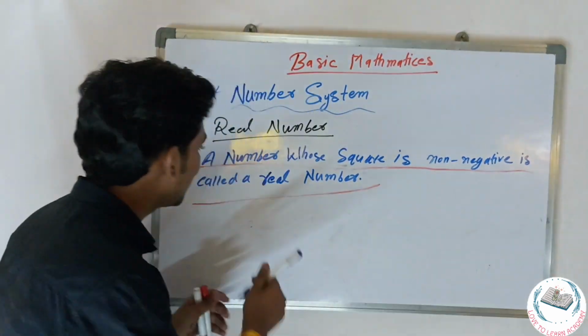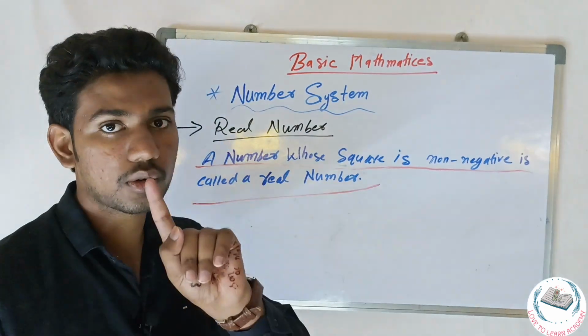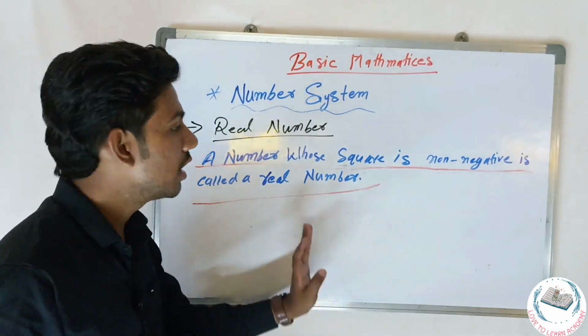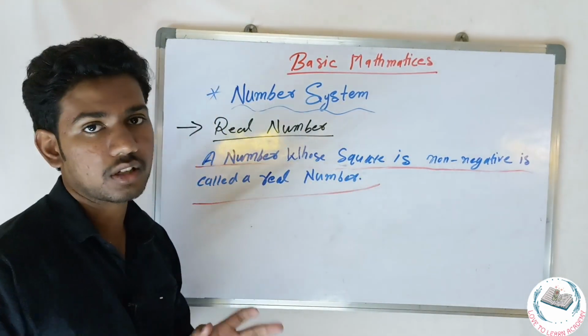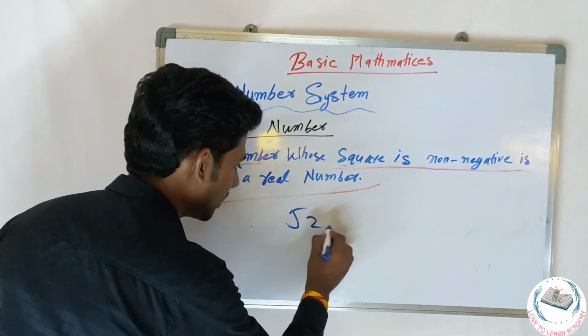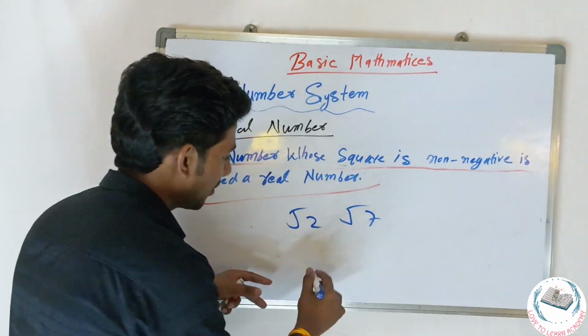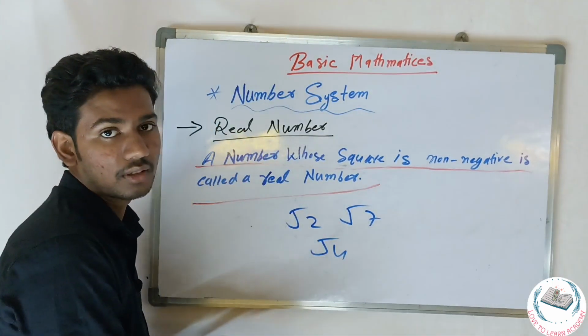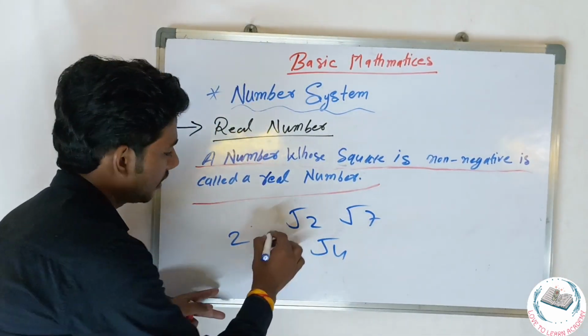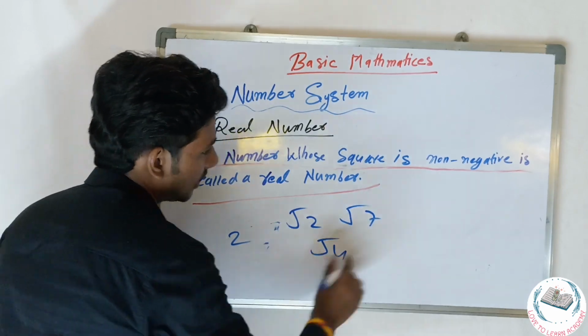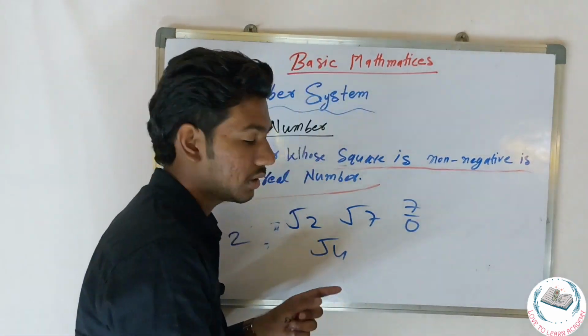Okay, and for real numbers there is one rule only. All numbers are real numbers, but a number whose square is negative is not a real number. Like 7 is a real number, 4 is also a real number, 2 is also a real number. But 7 by 0 is not.